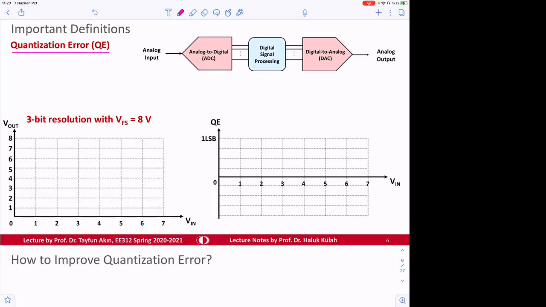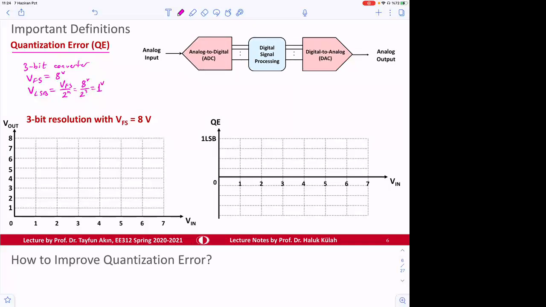So if you have, let's say, a 3-bit converter, and let's say the full scale is, for convenience, selected as 8 volt, so it's easier for us to understand. The voltage of the least significant bit is going to be the full scale divided by 2 to the power n. So that's 8 volt divided by 2 to the power 3, so it's going to be 1 volt.